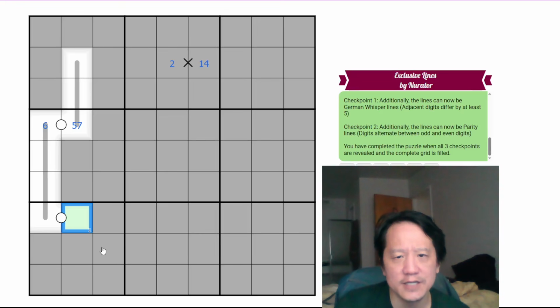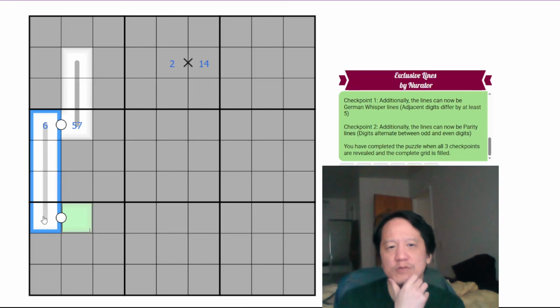Additionally, the lines can now be German whisper lines, where adjacent digits differ by at least 5. Or as I like to call them, whisper 5 lines. But is that after we've completed checkpoint 1? This is a little confusing, actually, in the rules.